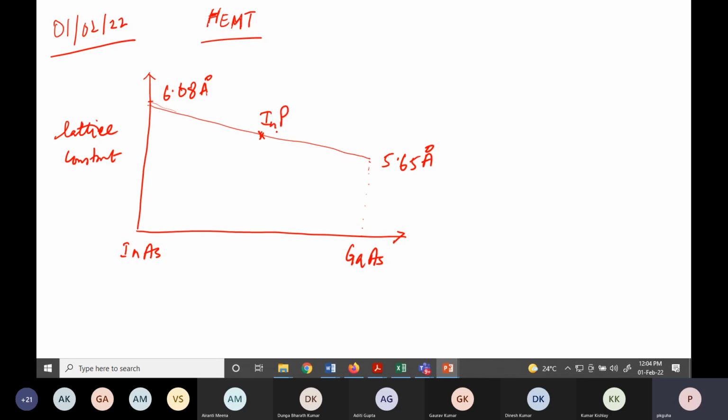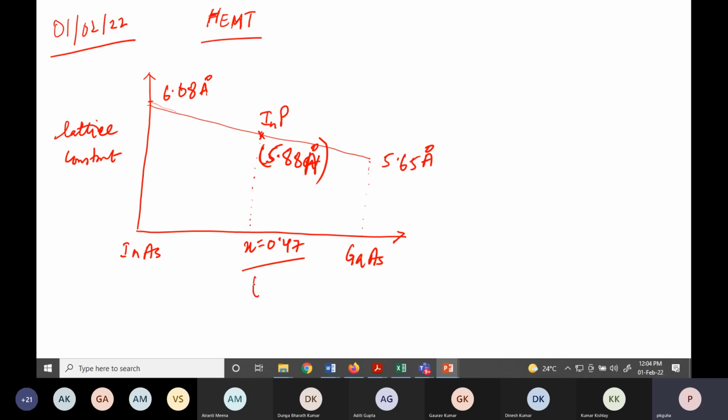Indium phosphide has a lattice constant of around 5.88 angstrom, and it is found that the lattice constant of this heterojunction matches at x equal to 0.47.